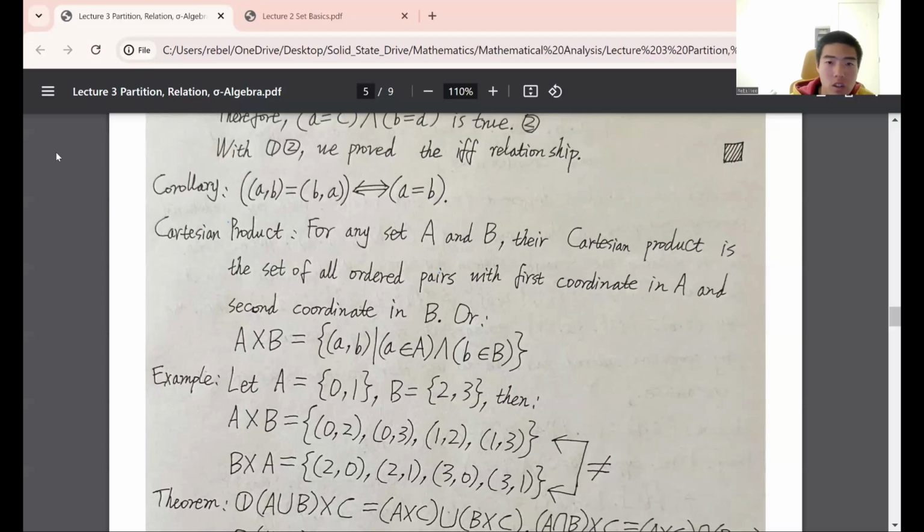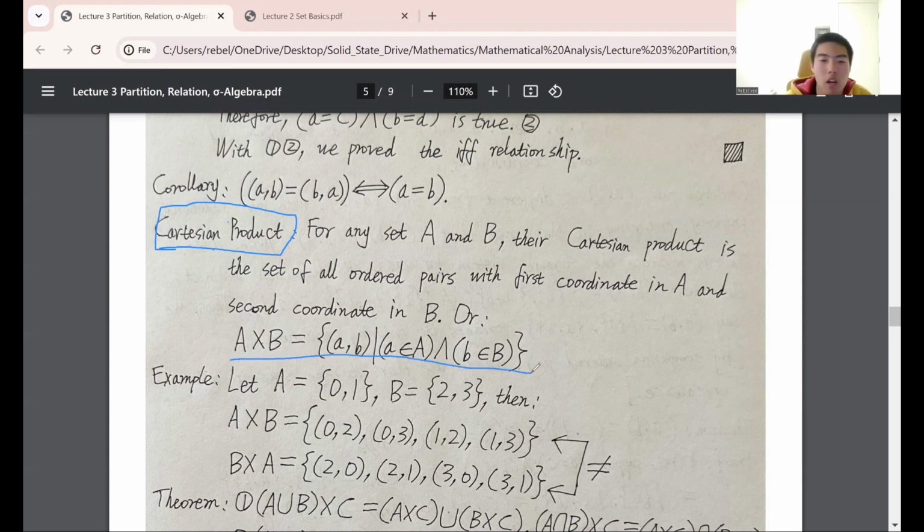Before partition, there's also another definition called the Cartesian product. For the Cartesian product, we use the definition of ordered pairs here. For any two sets A and B, the Cartesian product is the set of all ordered pairs with first coordinate in A and second coordinate in B. This is the formal definition.